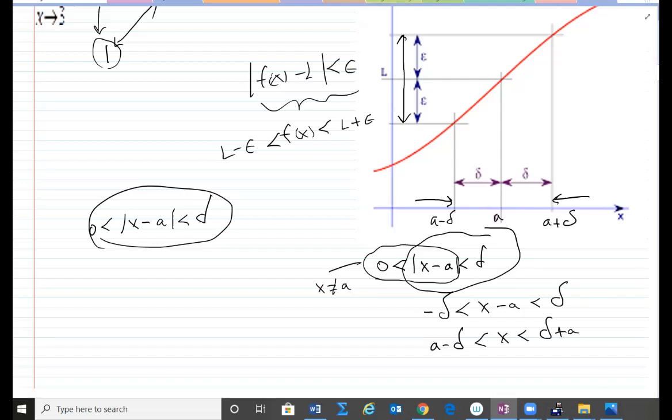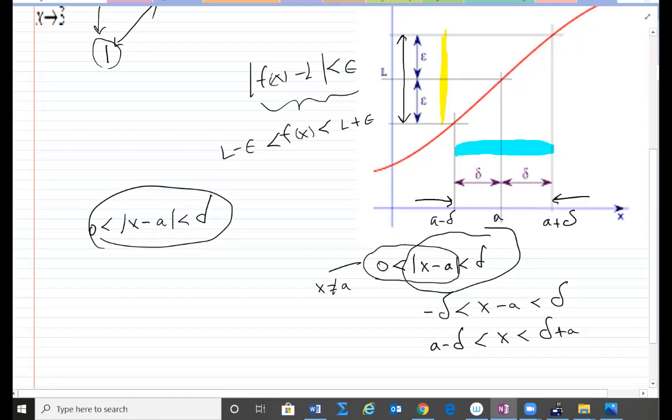Okay, so we could kind of look at that. If x is in here, between here and here, excluding x equals a, we don't care if it's x equal a or not. It's not our concern. If that's true, then we'll have our f of x in this band in here someplace, guaranteed.